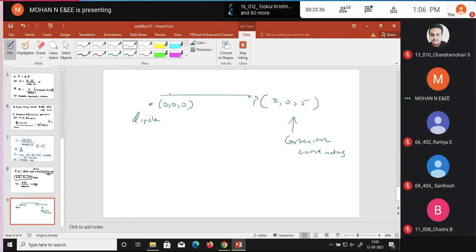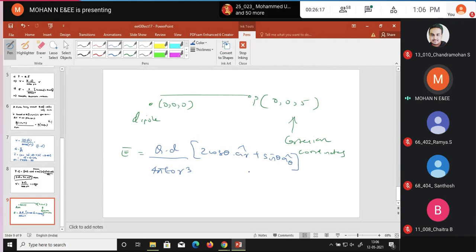Just have to be careful. So we have got the expression for electric field due to a dipole. That is given by Q into d divided by 4 pi epsilon naught r cube, times 2 cos theta a_r cap plus sin theta a_theta cap.